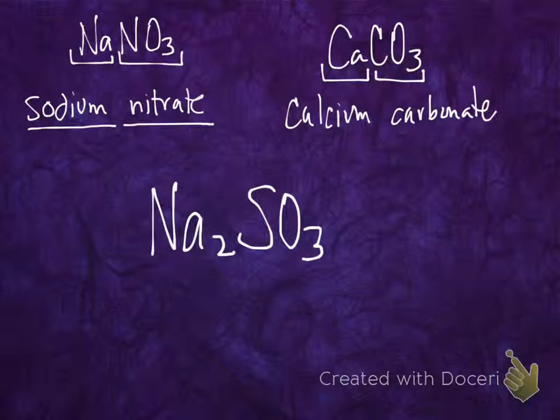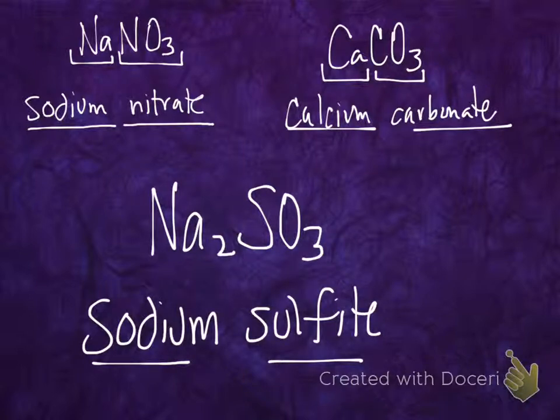Na2SO3. Sodium sulfite, again. This just tells you how many sodium, what the ratio is. It does not change the name. In ionic compounds, there are no prefixes and suffixes. You're only using the name of the ions.